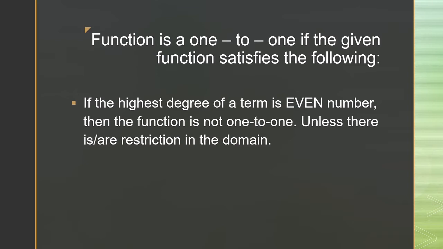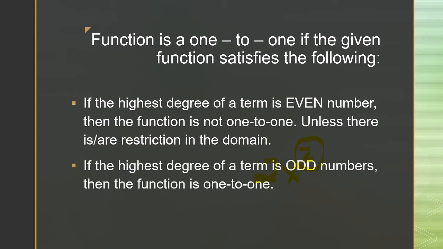For example, we have 2x raised to 2. So 2 here is an even number, so therefore this is not a one-to-one function. Next, if the highest degree of a term is an odd number, then the function is a one-to-one function.